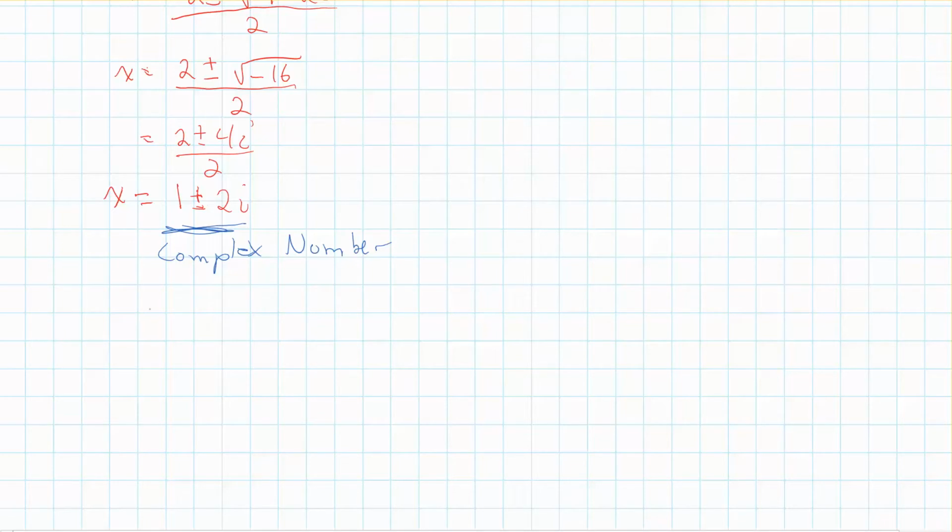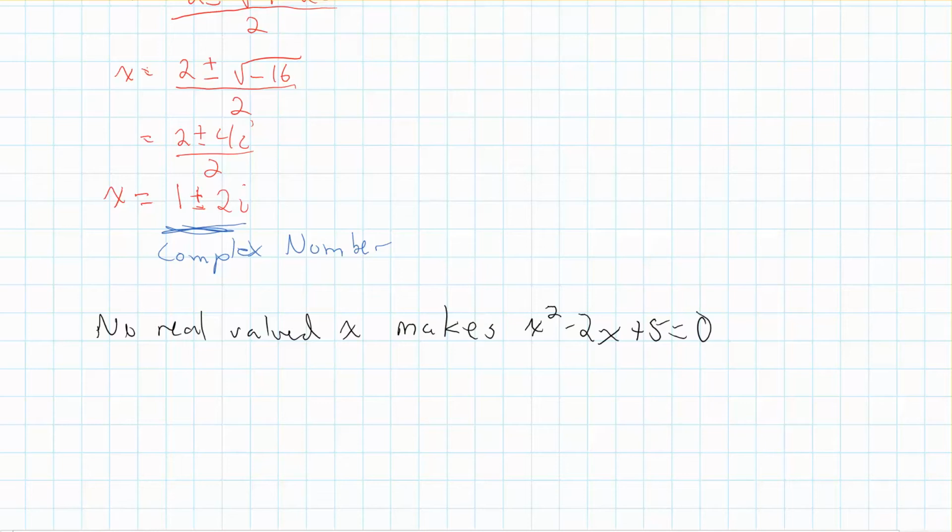So what this actually means is there's no purely real number that's going to make that denominator 0. So no real valued x makes x squared minus 2x plus 5 equal to 0.